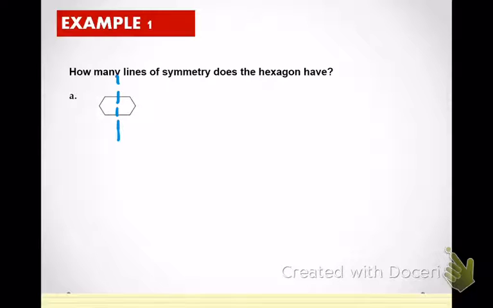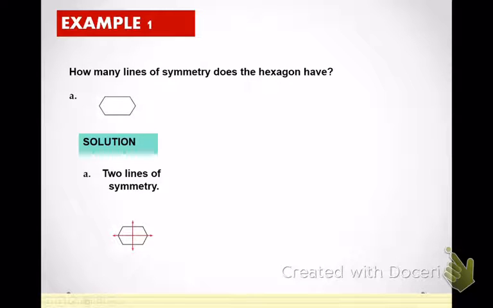Faith? Horizontal. Yeah, a horizontal. So we could have one there, and I would say those are the only two on that figure, assuming it's not regular. So it's those two lines of symmetry.